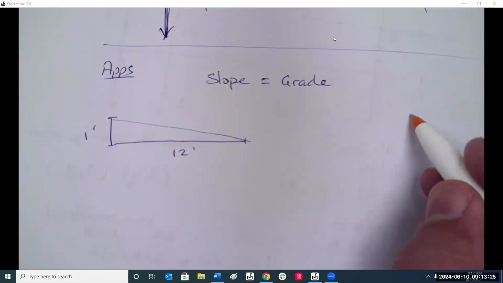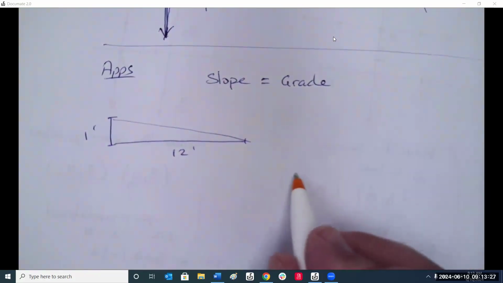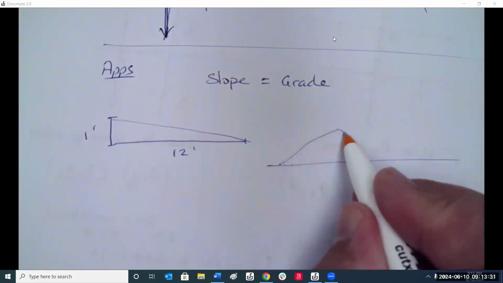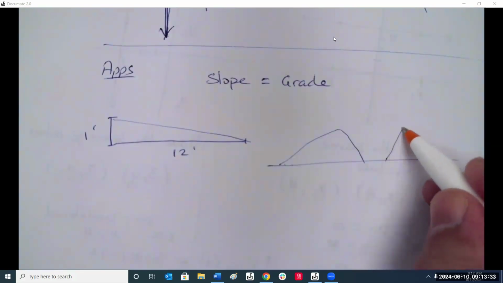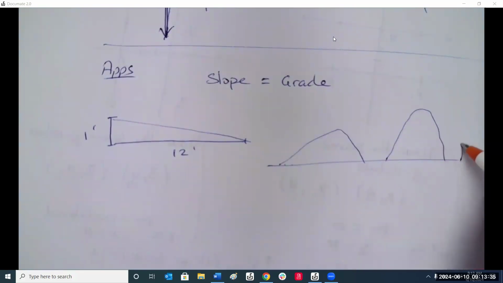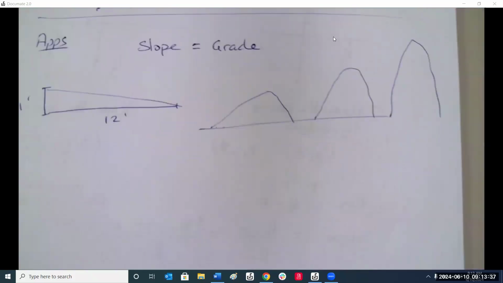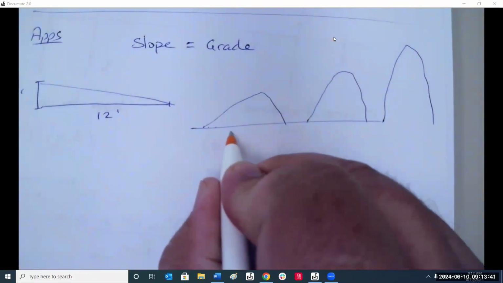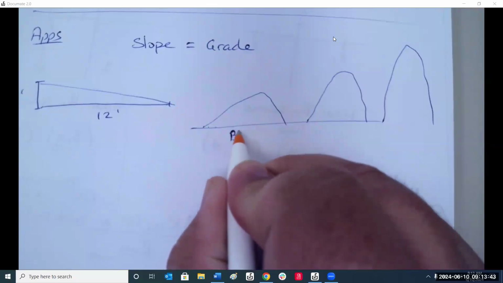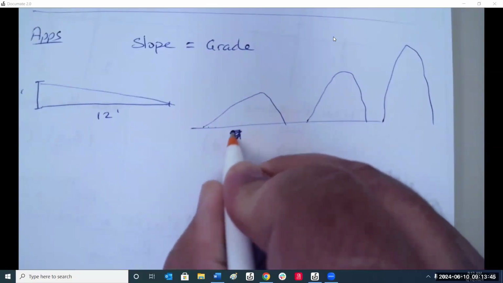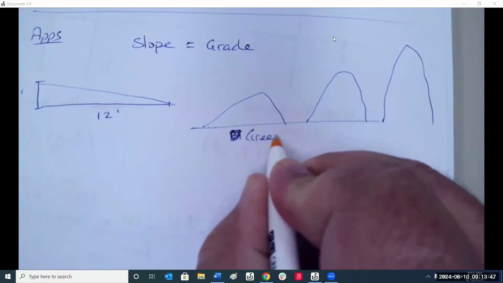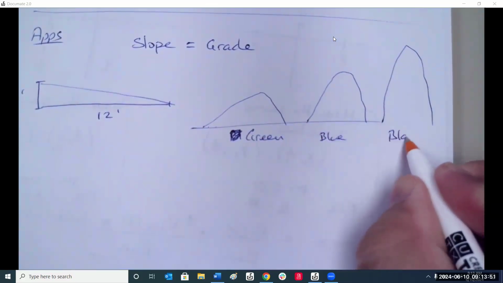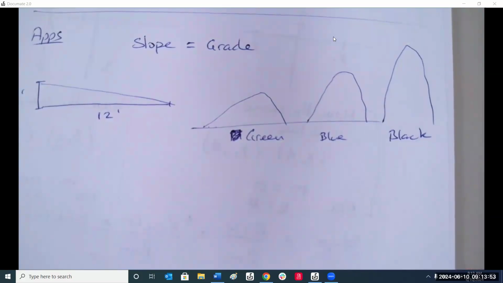Downhill skiing. If you've ever been skiing, you have certain types. Green, blue, black.